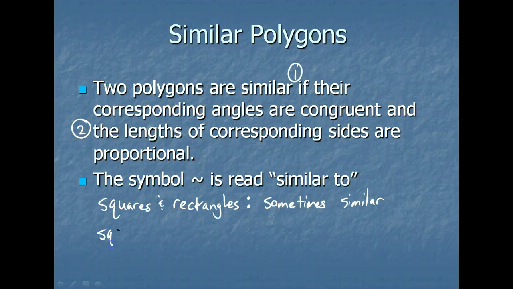If I look at squares and rhombuses, squares and rhombuses are going to meet number 2. The sides are going to be proportional, but our angles are not always going to be congruent. So squares and rhombuses are just sometimes similar.